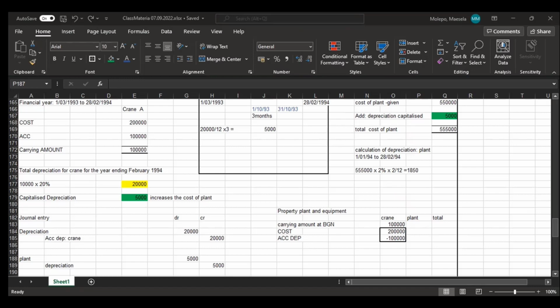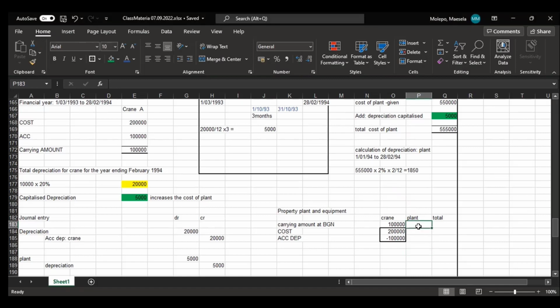Did we have any plant at the beginning of the year? No, we didn't have it, because the statement says the cost of a new plant was 500 before it's capitalized. So it means we were not given anything from the beginning. We were just told about the new one. All right.